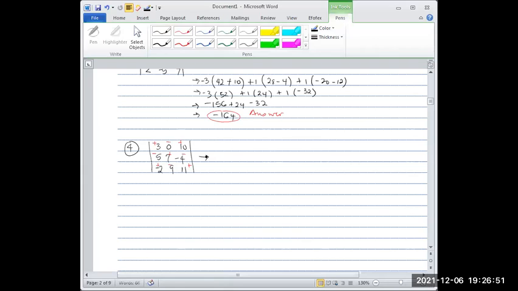Now, I'm using the first row. I'm going to say 3, 7, -4, 9, and 11. All agreed? Yes, sir.